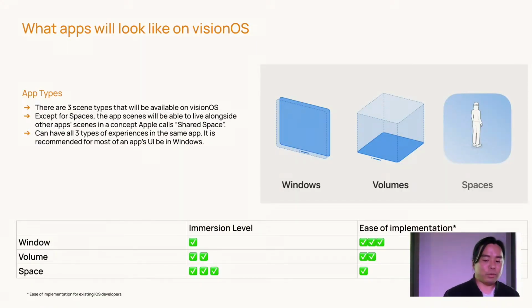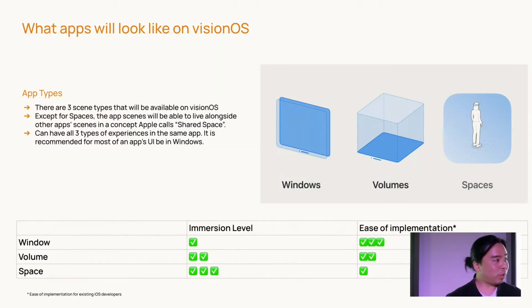So just a really quick one. Apple has WWDC videos, 41 of them. There's quite a lot of information out there on making apps for visionOS and the basic app types. There'll be three versions of things.